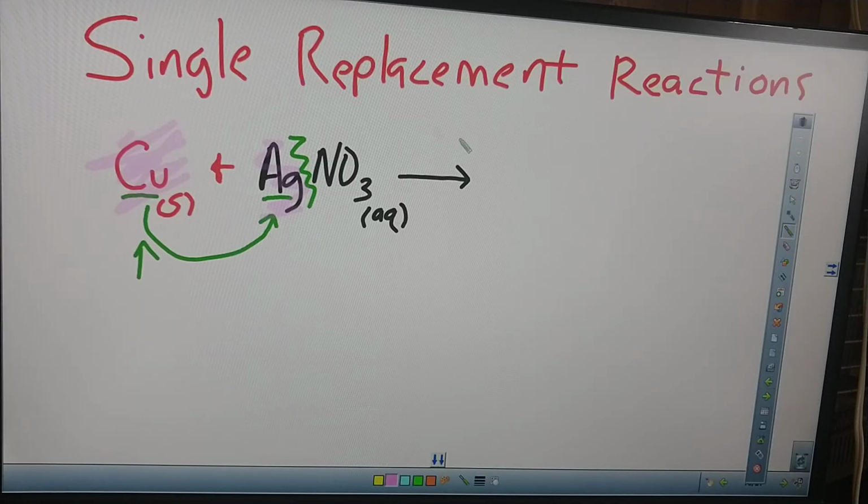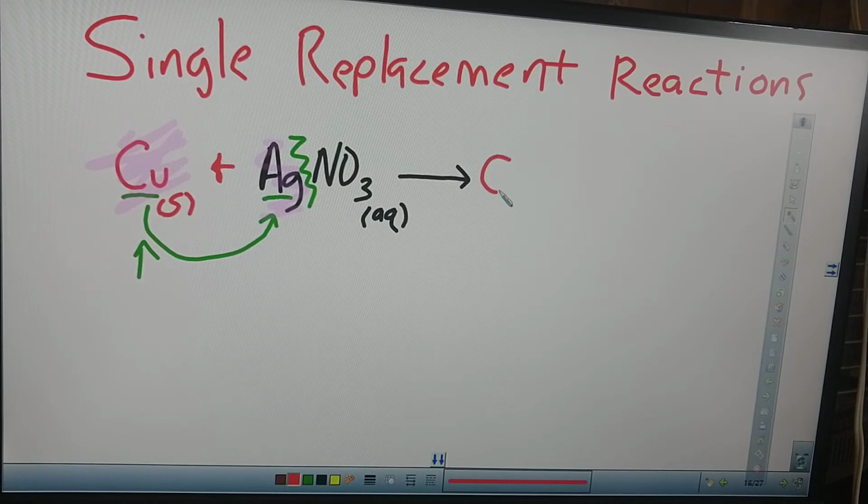So if we look at this chemical formula, we would say, yes, copper is more attractive, so copper is now going to be with nitrate. Now, you know copper usually has a charge of +2, right?